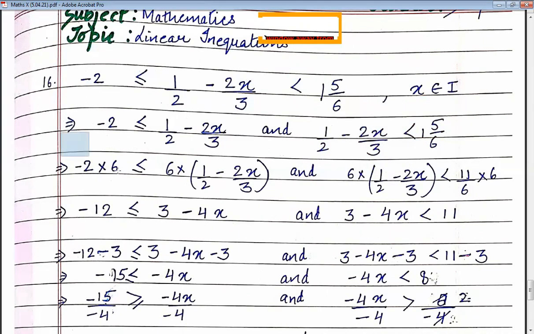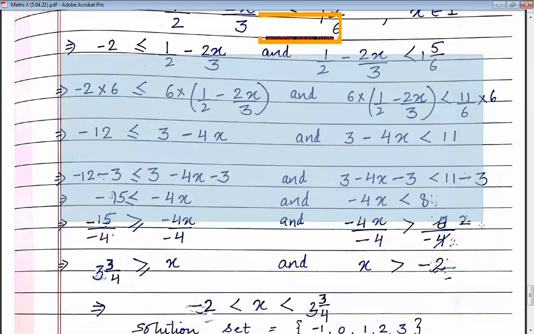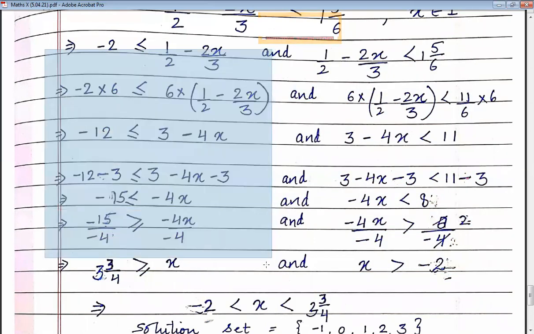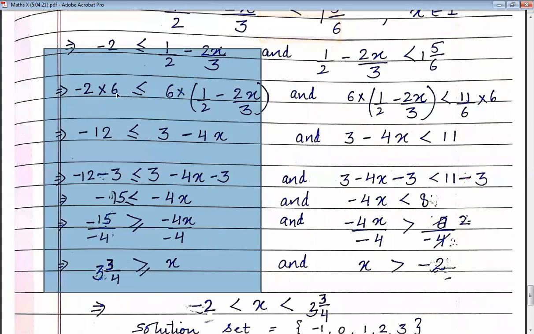Now you have to solve these simultaneously. First, multiply by the LCM, that is 6. I am discussing the first one here. It is minus 2 into 6 less than or equal to 6 multiplied by half minus 2x upon 3. On the right hand side, minus 12 is less than or equal to, using the distributive property, 6 into half and 6 into 2x upon 3. It will become 3 minus 4x.